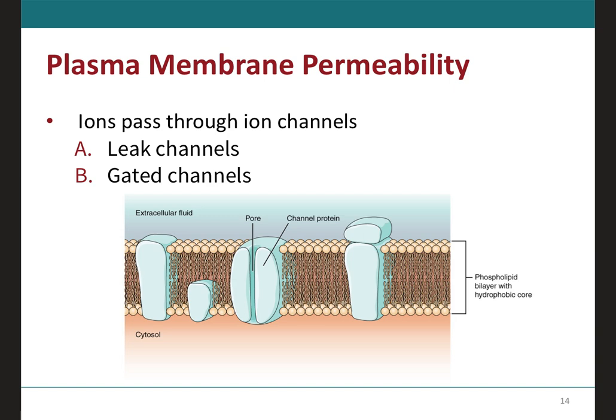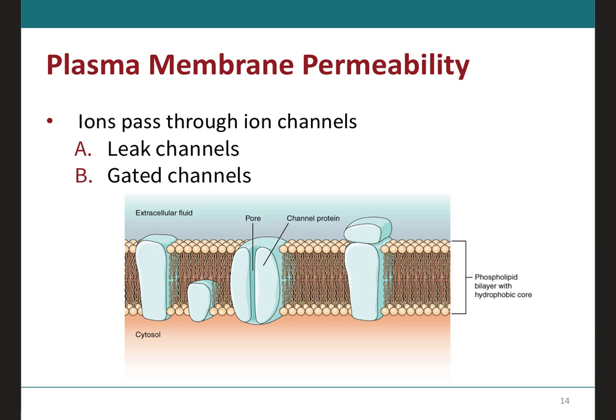And simultaneously, they also maintain the higher concentration of extracellular sodium ions. Remember that 3 sodium ions are transported out of the cell, and 2 potassium ions are transported into the cell for each ATP molecule that is used.